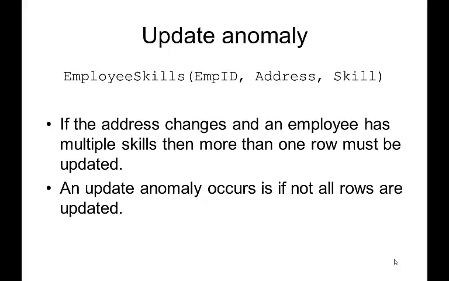That's called an update anomaly. An update anomaly occurs if not all rows are updated. So if this person had more than one skill, so they were an electrician and a plumber and a forklift truck driver, there would be 3 rows, 3 copies of the address. If they move address, all 3 rows with the address need to be updated. So that's called an update anomaly.